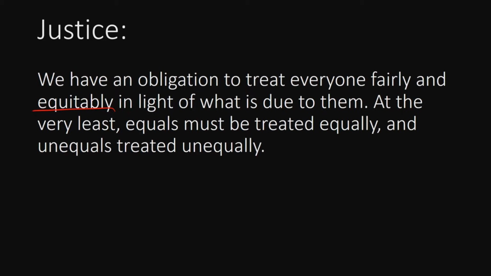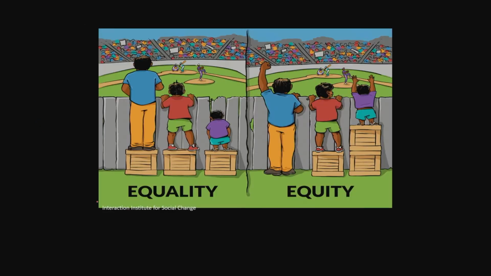If you're confused about the difference between equal and equitable, this is a really good picture that I found that helps a lot. In this situation over here, we have 3 people of varying heights trying to watch a baseball game over a fence. The idea is that they're all equal because they each get 1 box.